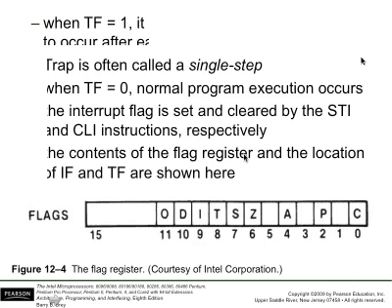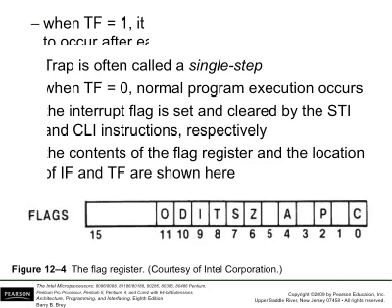So the main reason we have this flag is to allow the microprocessor to give us some opportunity to stop after executing one single instruction. And obviously that's what you need when you debug a program. You want a single step.